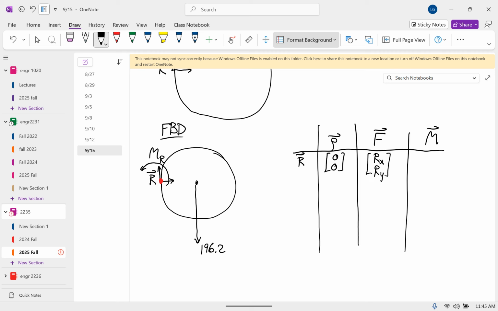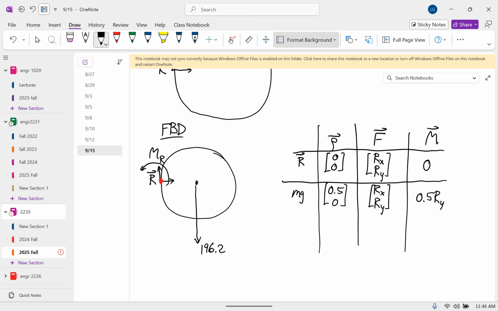The z component of the cross product is 0. The weight force from the red dot to the center of this circle is 0.5, 0. The force is Rx, Ry. The cross product is 0.5 Ry.